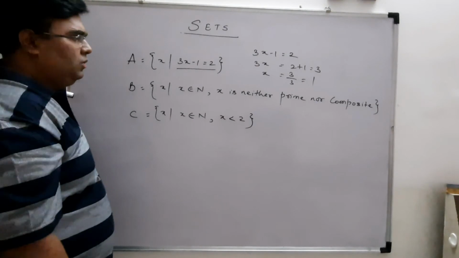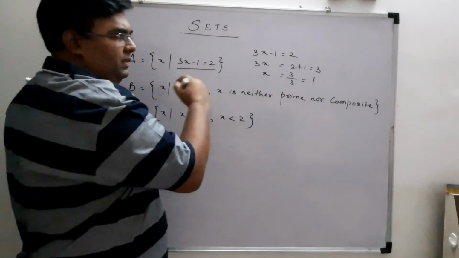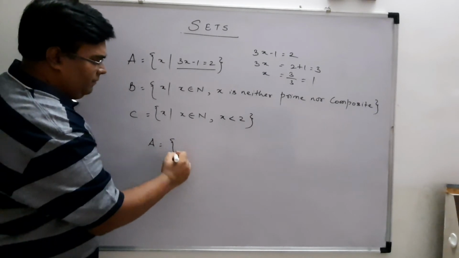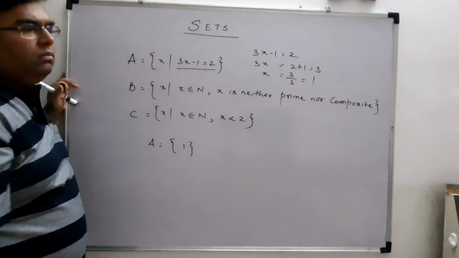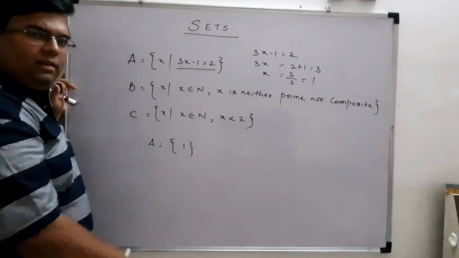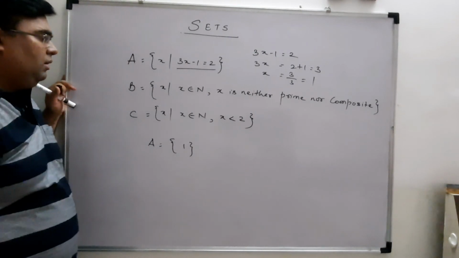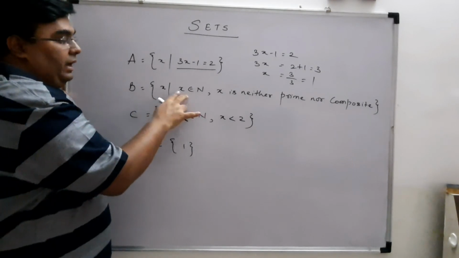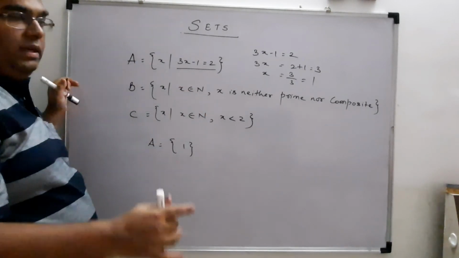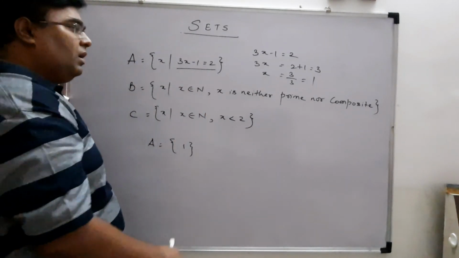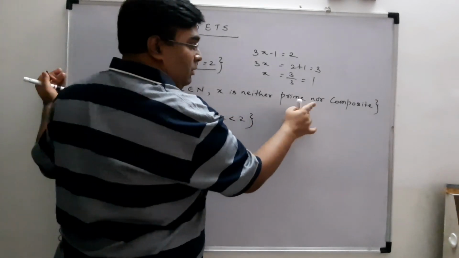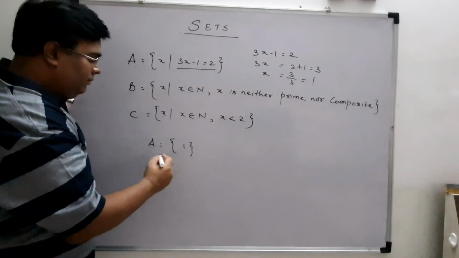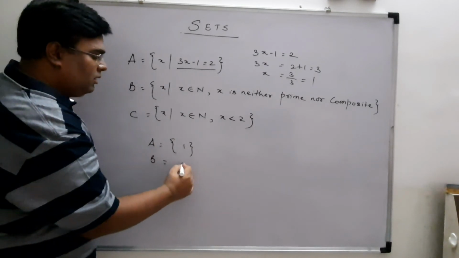Correct? So for A we can write, there is only one value that we are getting, 1. Okay. Now B, what is B? B is such that x belongs to natural number. Okay, so it will start with 1 and x is neither prime nor composite. So there is only one number which is not prime and which is not composite.